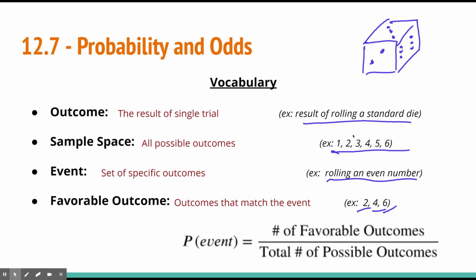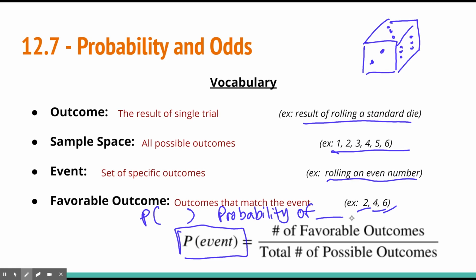Now, when we're talking about probability, to calculate our probability, maybe I should start with this notation right here, P parentheses something. That stands for, and I don't have a lot of space, probability of blank. So the probability of an event, how are we going to calculate it?